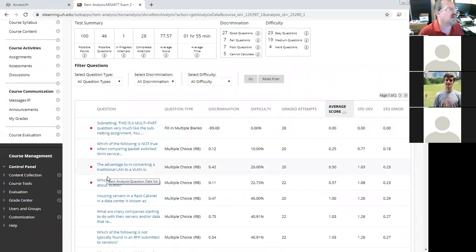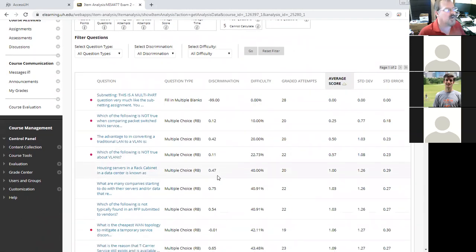I'm going to obviously skip the essay questions because I just want to look at multiple choice right now, unless you guys want me to go over the subnetting. Does anybody want me to go over the subnetting again as a class? We can if you want, but let's look at the multiple choice questions for right now.